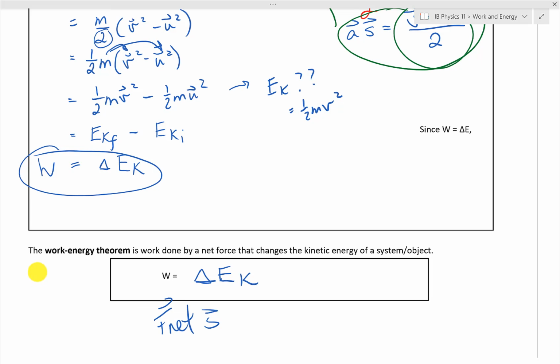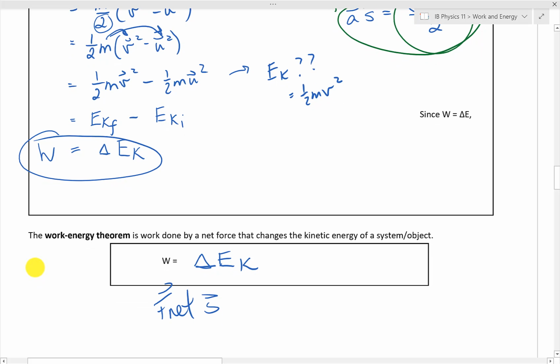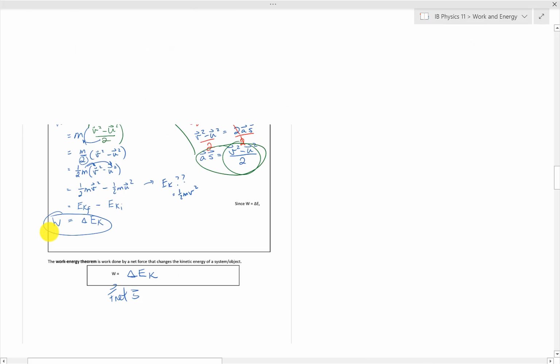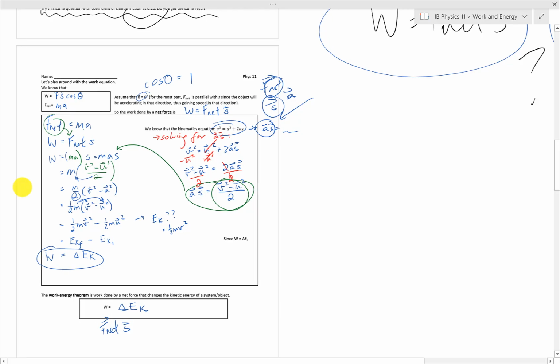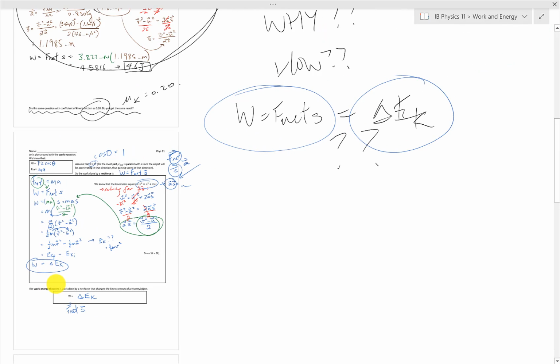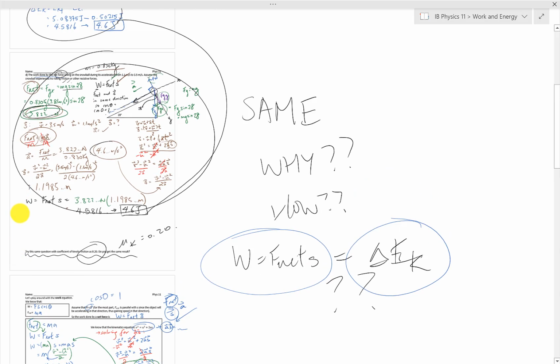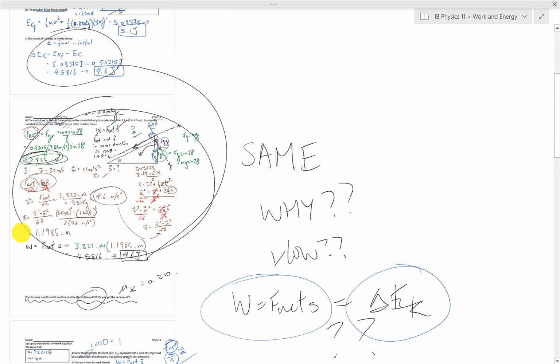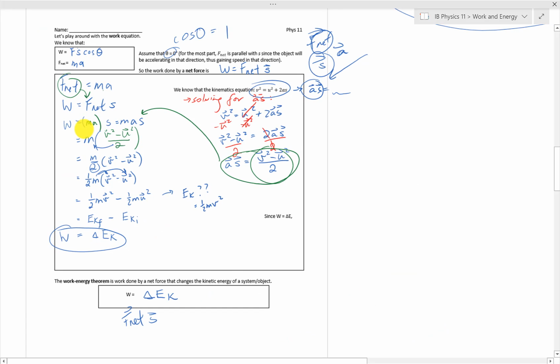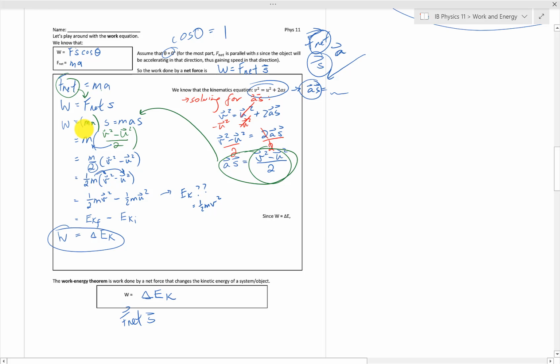Other than that, it does work for a good number of systems in which they accelerate in a certain direction. And this is why, in our previous video, the change in kinetic energy was exactly the same as the work done by the net force acting on that snowball. We just derived that relationship right here.